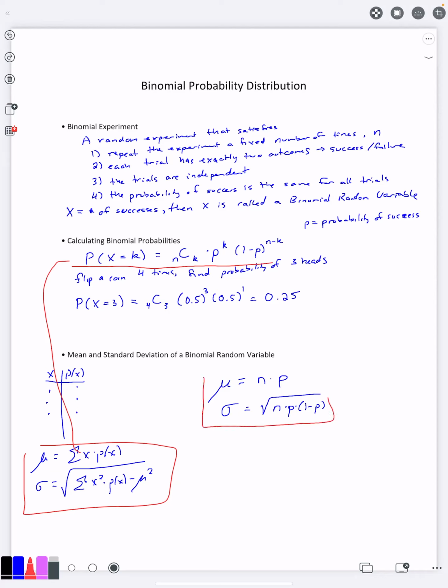And this ends up giving you your mean and standard deviation without doing all the hard work. So occasionally I will describe a binomial experiment situation, ask you what the mean or standard deviation are. And this is the way you're going to want to do it.